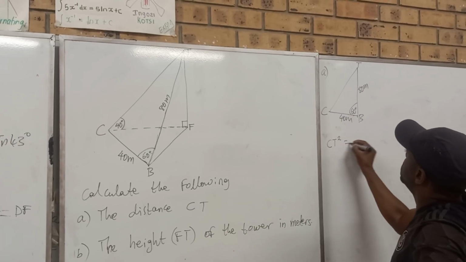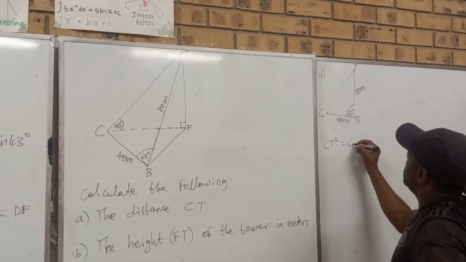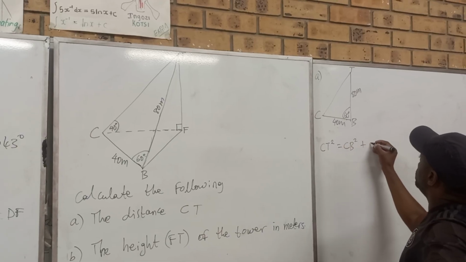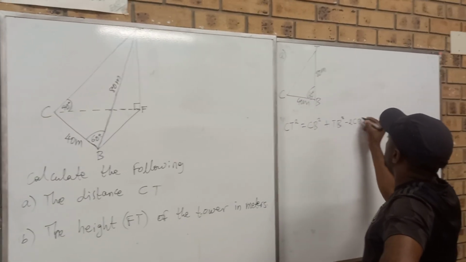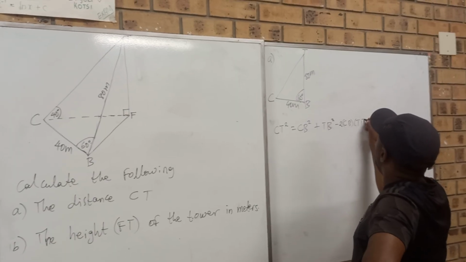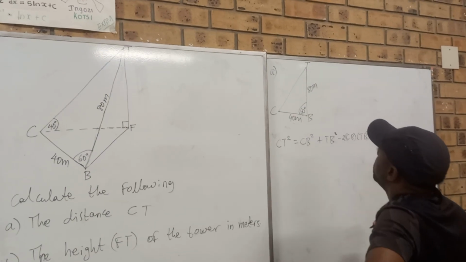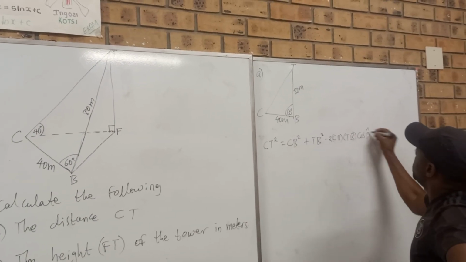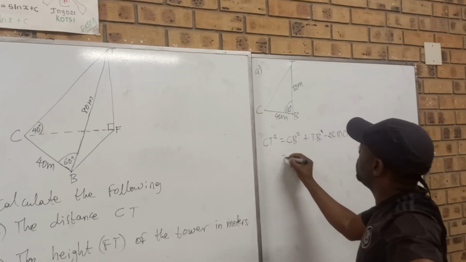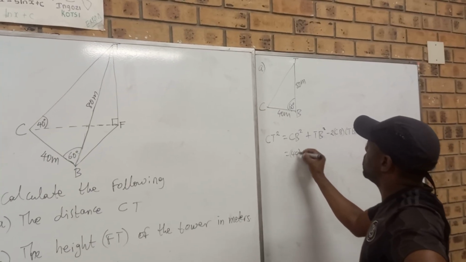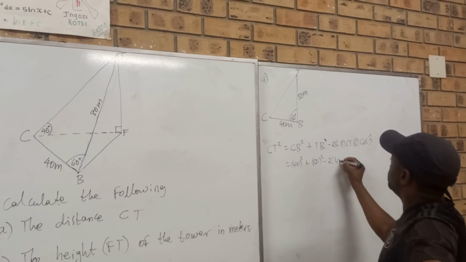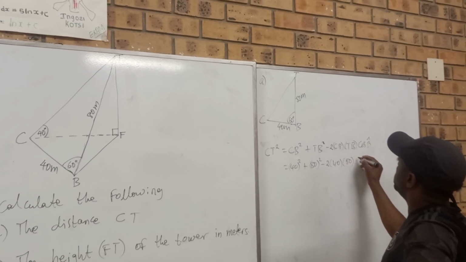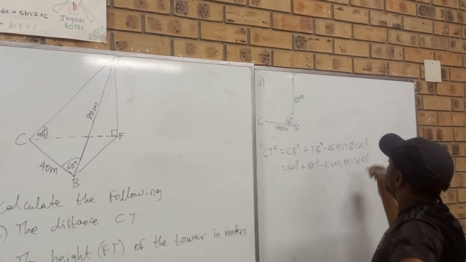So I'll say CT squared is equal to CB squared plus TB squared minus 2CB times TB, then the cos of angle B. Then I start substituting CB of 40 squared plus 80 squared minus 2 into 40 into 80, the cos of angle 60.